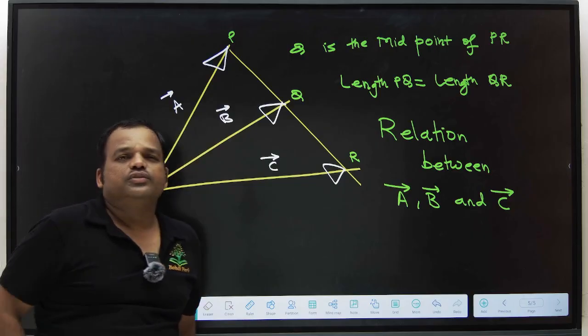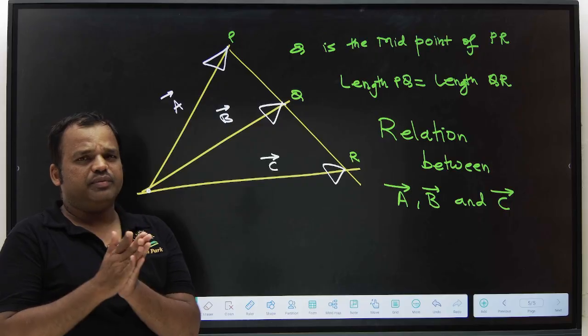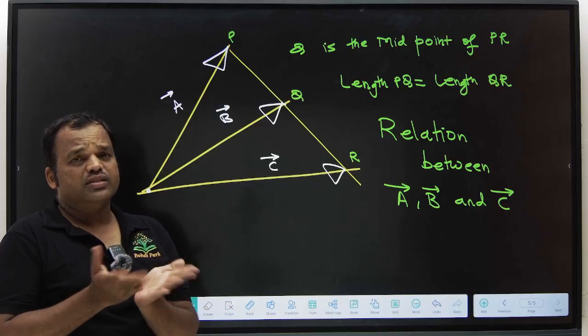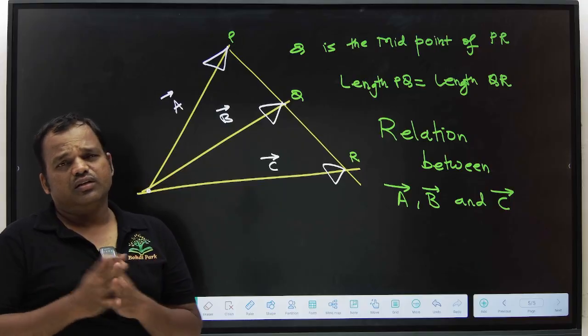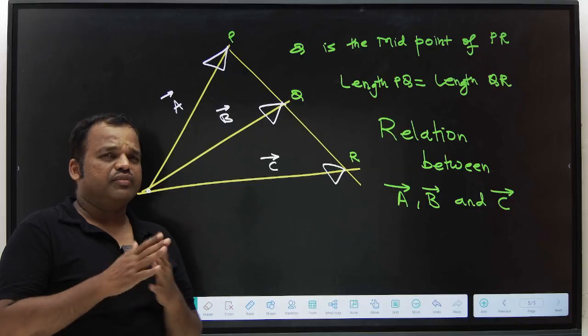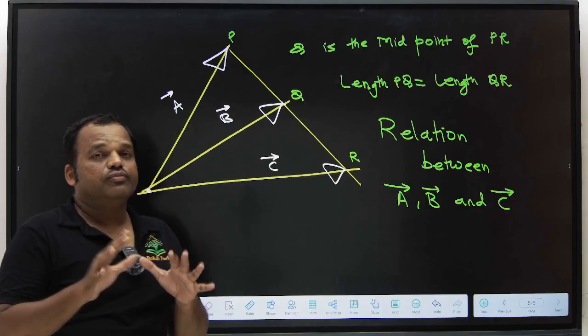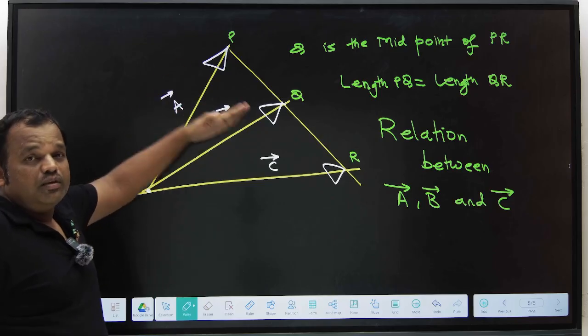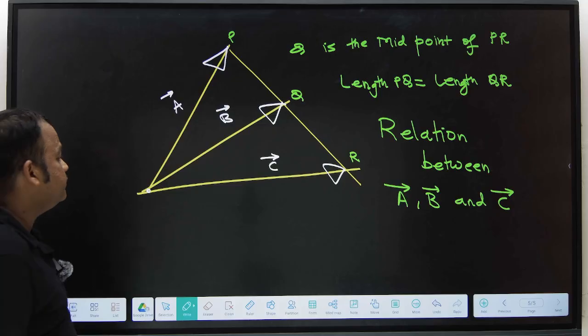That means you have to say like this: A plus B is equal to C, or B plus C is equal to A, or A plus B is equal to 2 times C, or B plus C is equal to 2 times A. Something like that. You have to find out what is the relation between these three vectors.